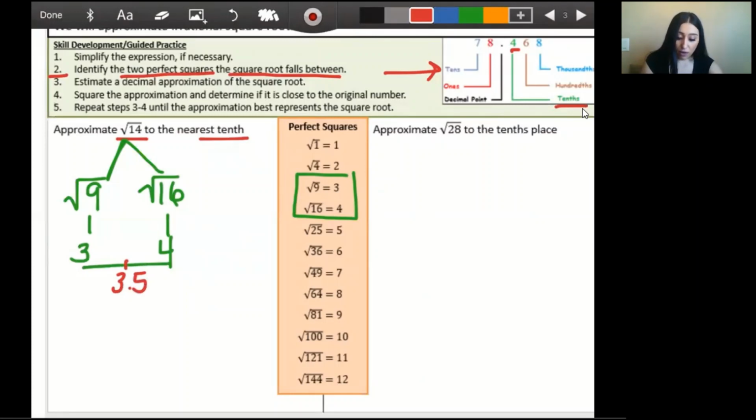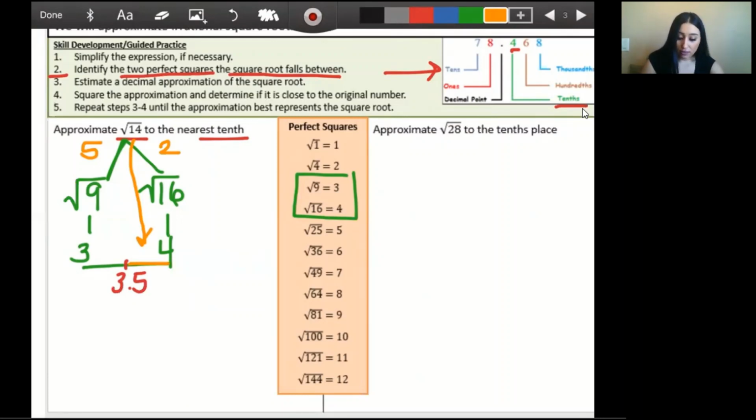Next, I'm going to figure out where it falls exactly on that number line. So the square root of 14 is 5 units away from the square root of 9. The square root of 14 is only 2 units away from the square root of 16. So I know it has to be placed somewhere in this section between 3.5 and 4. So I'm going to take a guess and work the problem out.